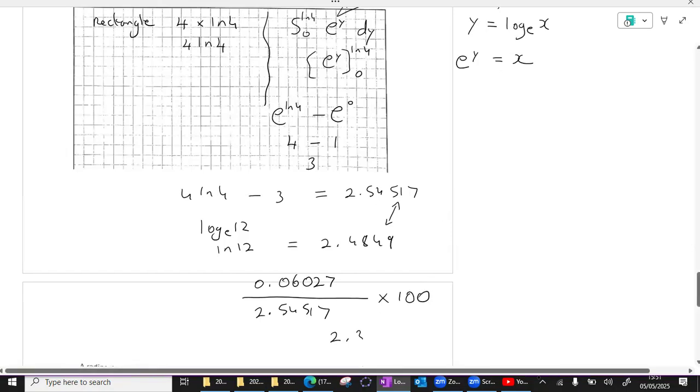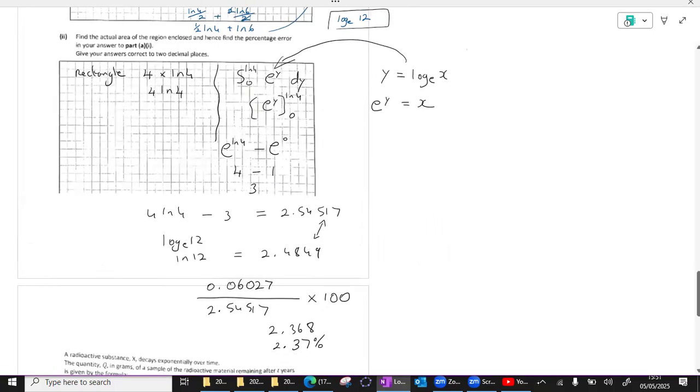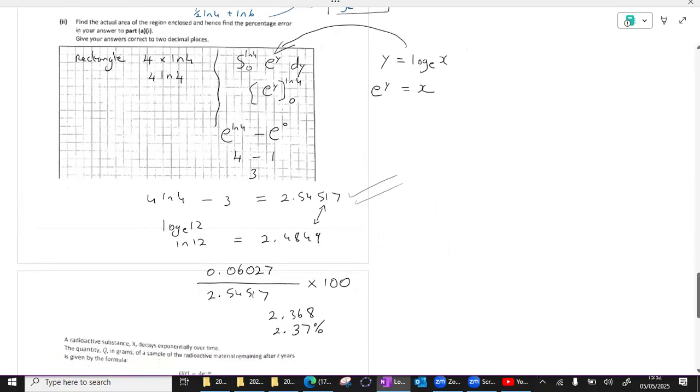So 2.368 to 2 decimal places is 2.37%. So in other words, my trapezoidal rule is out about 2.3% on what it actually is. So my actual is this part here, which is the rectangle minus away the integral against the y-axis.